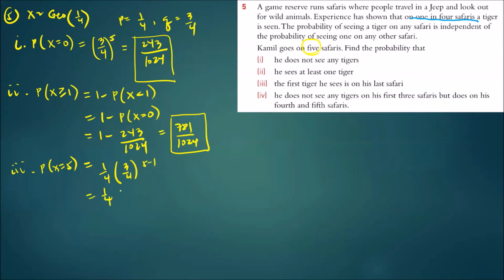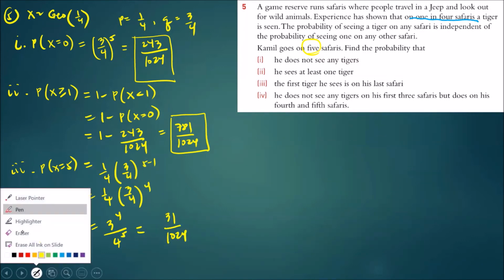So that is 1/4 multiplied by (3/4) raised to 4, or that is equal to 3 raised to 4 over 4 raised to 5, which is equal to 81/1024.